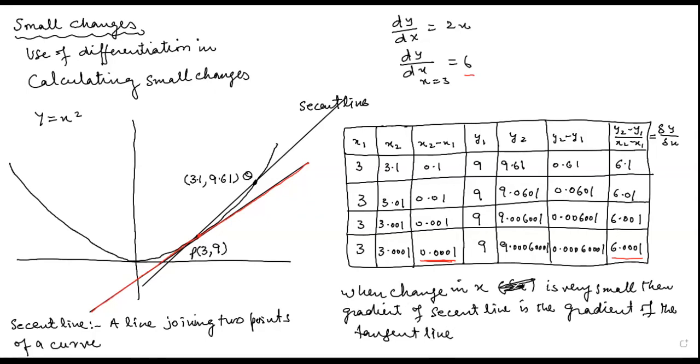And mathematically, we will write down this del Y over del X is approximately equal to dy over dx when del X is small.